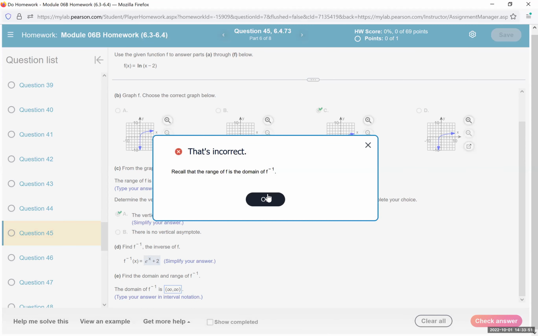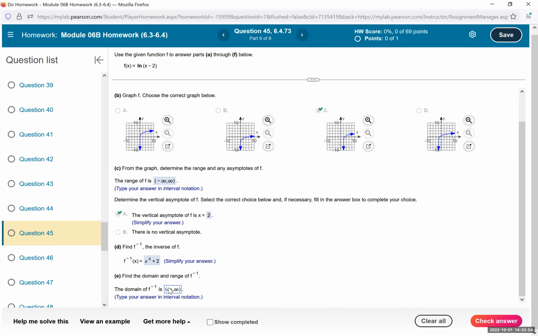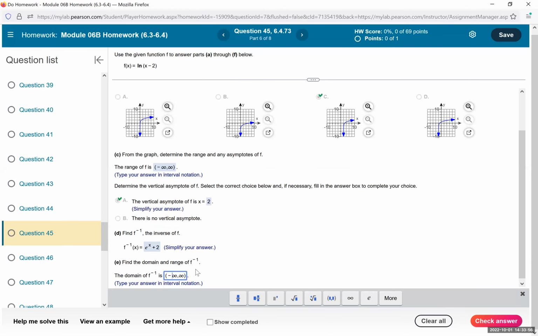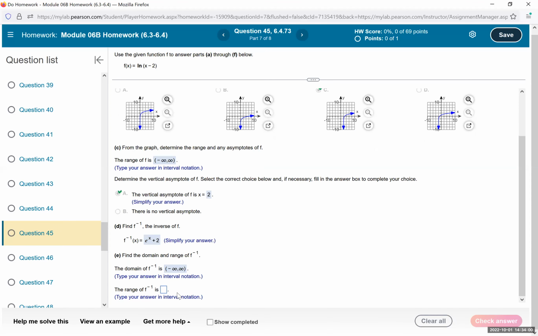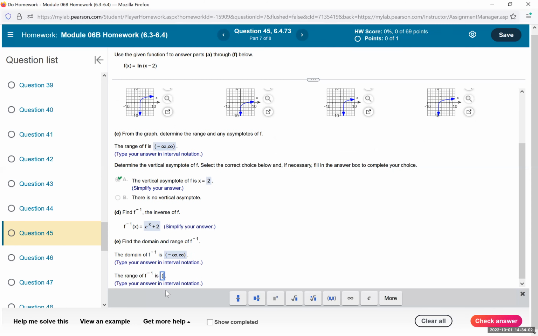Recall that the range of f, what's the domain? I missed a negative sign. That's what I did. Sorry, thank you. Perfect. All right, and then the range, this one was the 2 to infinity.